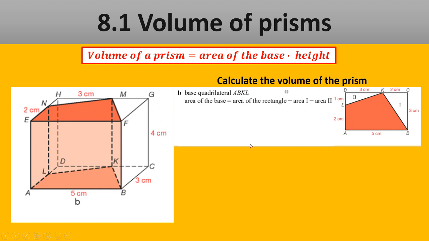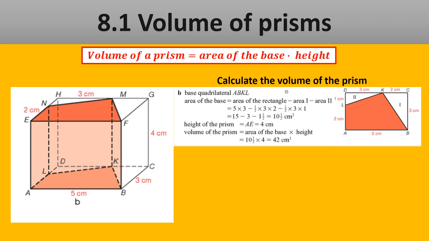And here, I think, as I already said in the previous exercise, it's a lot easier to calculate the area of the white parts and subtract them from the total rectangle. The total rectangle is 5 times 3. The area of 1 is a half times the side times its matching height. Because those are right angle triangles, you can just do a half times 2 times 3, right?